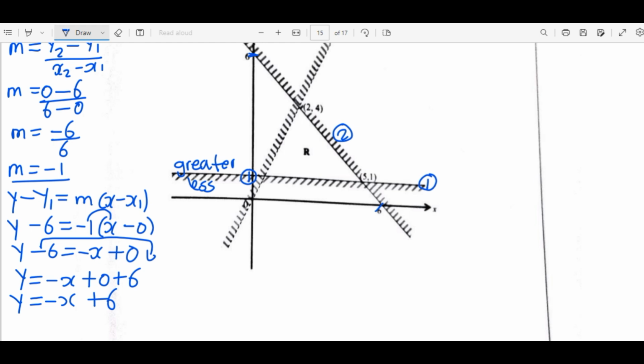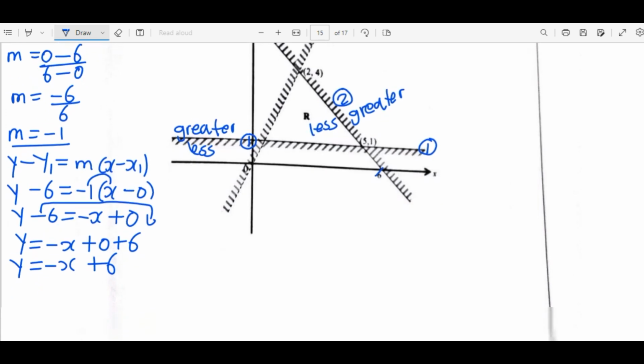Then after we are done finding the equation of the straight line, we need to make it an inequality by replacing the equal sign with the inequality that we think will suit the given equation. So let's look at inequality number 2. So the above is greater, and we can see that the greater is shaded, then the less is not shaded.